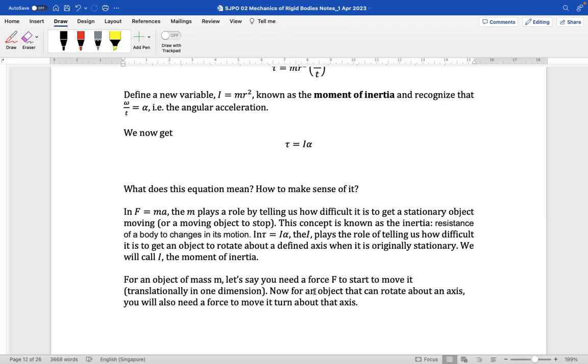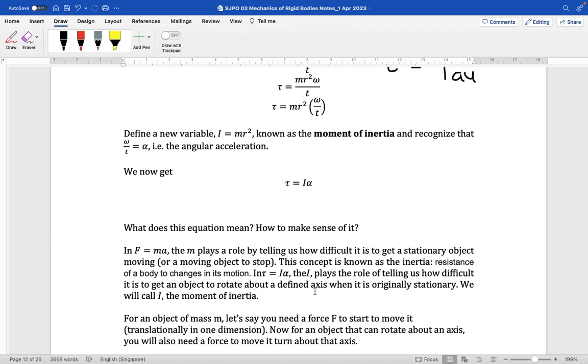So what does this mean? In particular, of interest is this mr squared quantity, or the moment of inertia. In your physics class, you have learned a larger mass is more difficult to push compared to a smaller mass, because mass is related to a concept called inertia, the reluctance to start moving if it is at rest, or if it is already moving, to change its direction or speed.